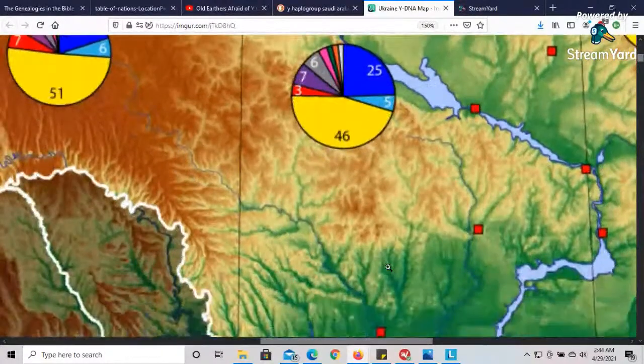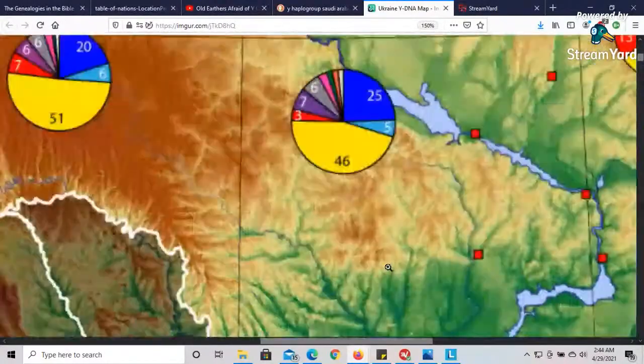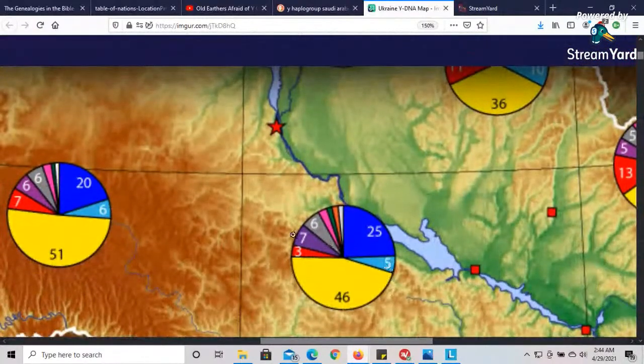This, of course, is the Ukraine, and this is the Black Sea. So here we have a lesser amount of the Judaic population, a greater amount of the Israelite population. We still have the E1B1 of the Canaanite population.